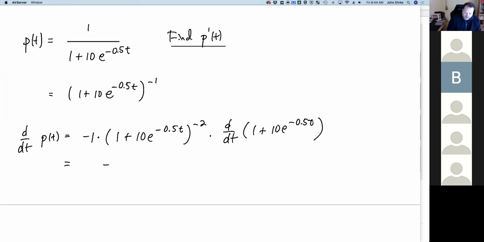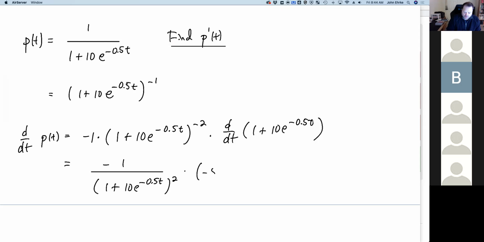So this would be negative 1 over this quantity squared. And then the derivative of the inside function here: the derivative of 1 is 0. The derivative of the exponential is 10 e to the negative 0.5t. You get the exponential back, but you have to multiply by negative 0.5 because of chain rule. So negative half of 10 would be negative 5.